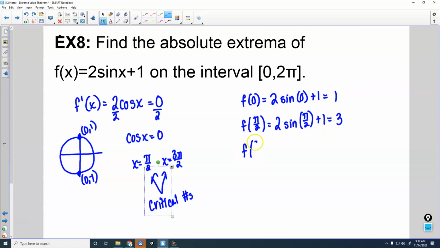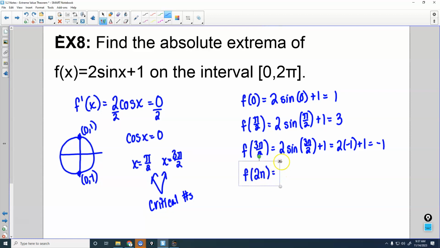We have to do f of 3 pi over 2. So 2 times sine of 3 pi over 2 plus 1. What is sine of 3 pi over 2? Negative 1. So 2 times negative 1 plus 1 is negative 2 plus 1, which will give us negative 1. And we've got to do f of 2 pi, which is going to be the same as 0 because they're in the same place on the unit circle.